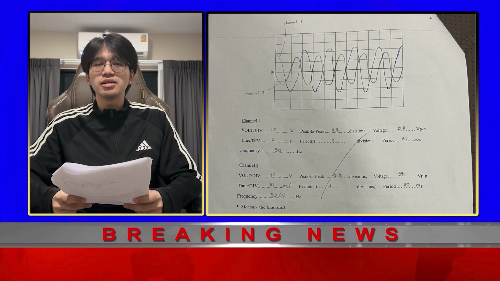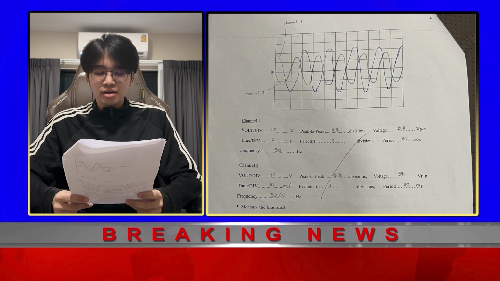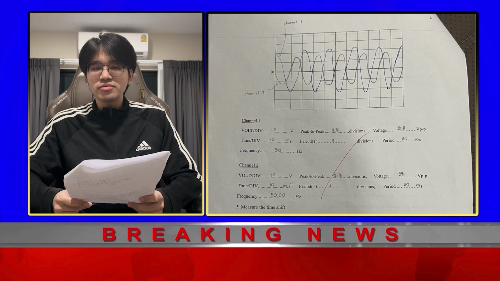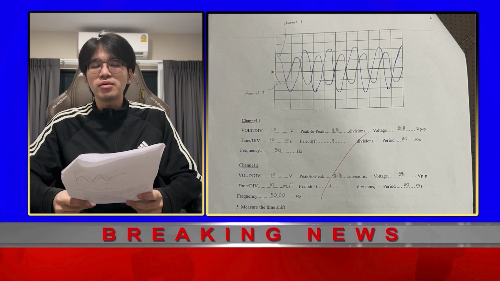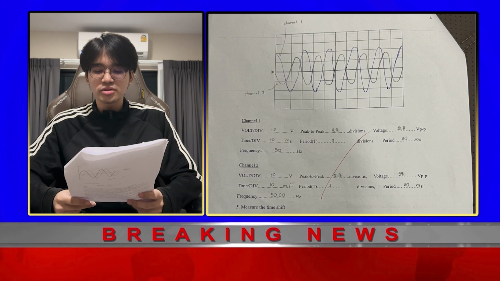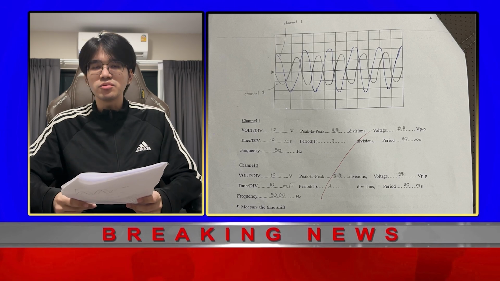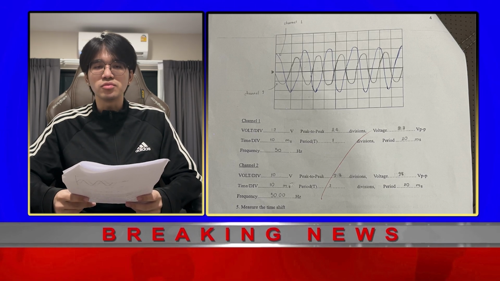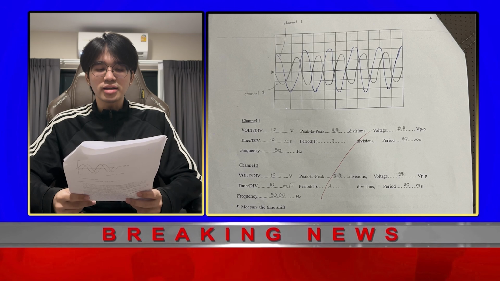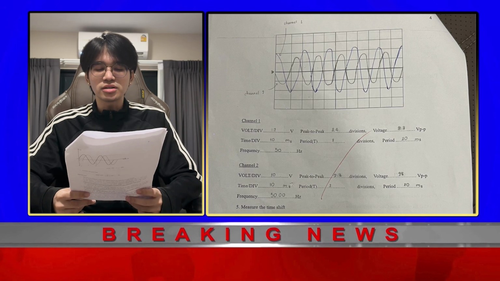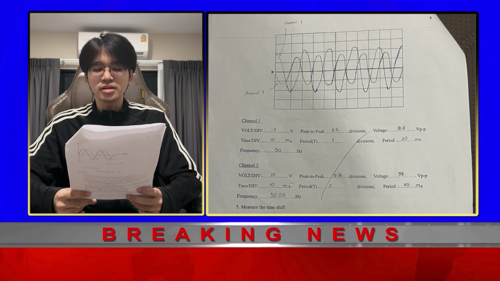If you connected it correctly, it will be right here. As you can see in the oscilloscope, the yellow waveform is for channel 1 and the blue waveform is for channel 2. So let's talk about channel 1. We adjust the voltage scale to 2 volts, so we get 2 volts per division, 4.4 peak to peak divisions, and we get a voltage of 8.8 V peak to peak.